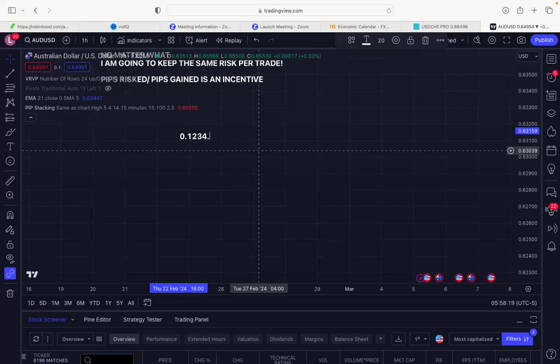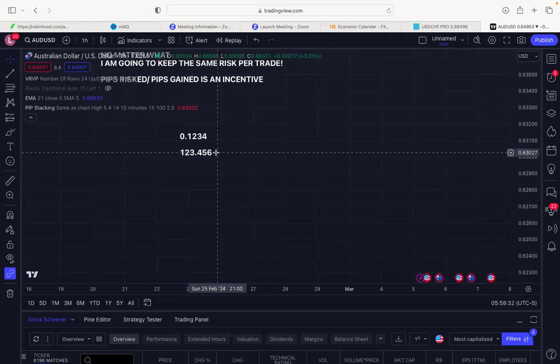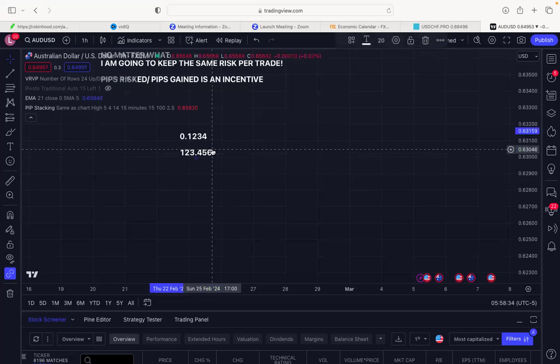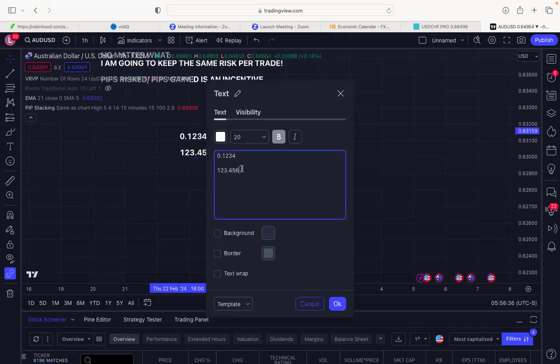Another way you're going to see it is 1.23456. You might have big numbers in the front with three digits behind. Same thing. Cut that last digit off. So now, let's say I have 0.1200.